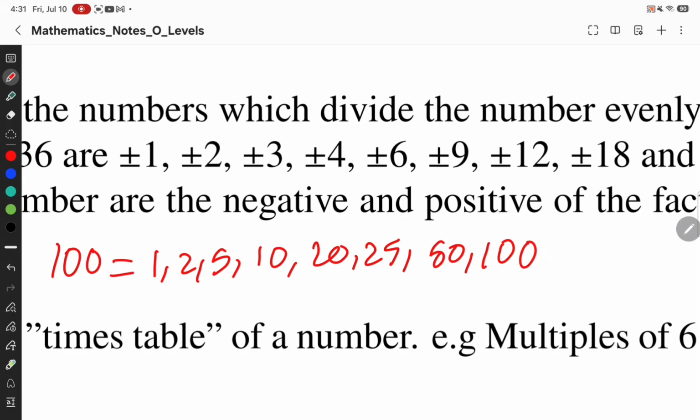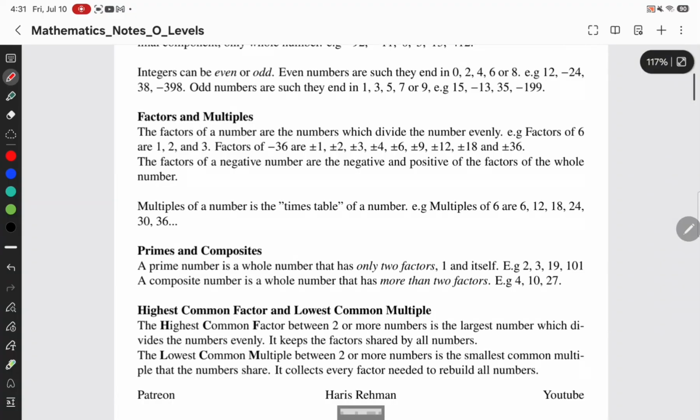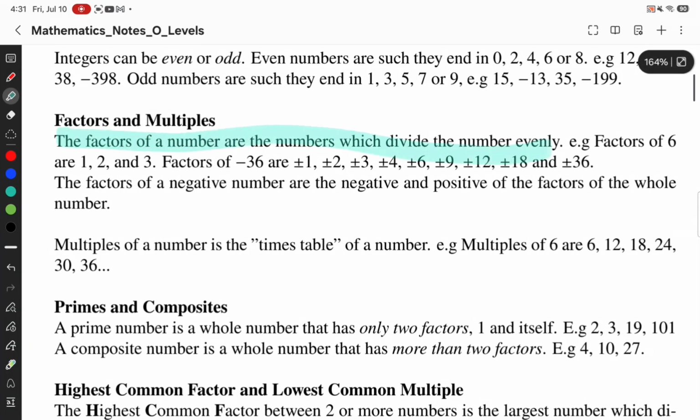Yes, these are the factors of 100. Factors are the numbers which divide the number evenly. The numbers that I wrote down divide 100 evenly. The factors of a negative number are the negative and positive of the factors of the whole number. See, this is what I mean about negative factors.